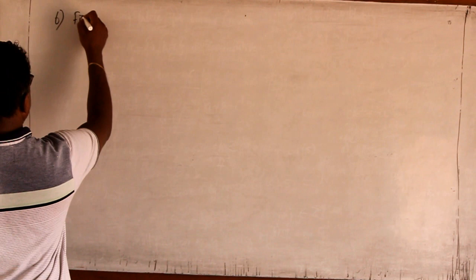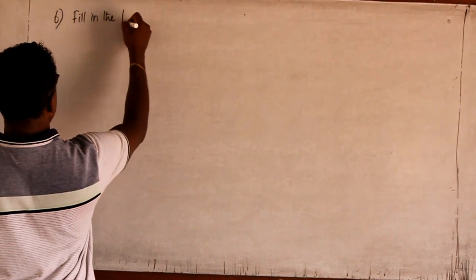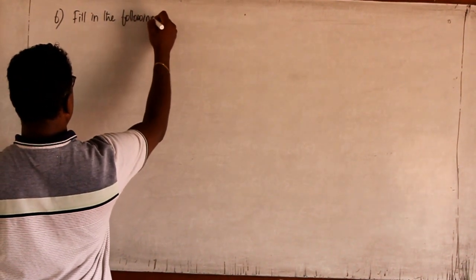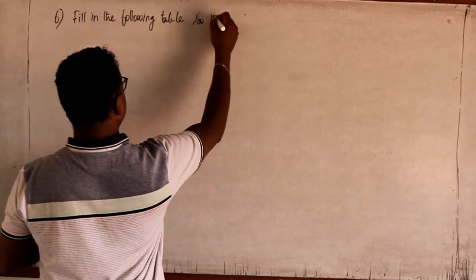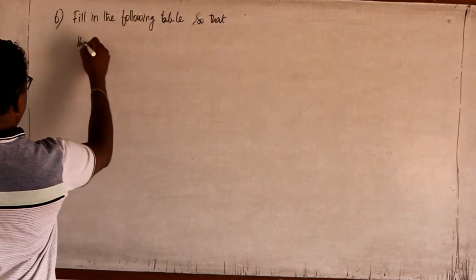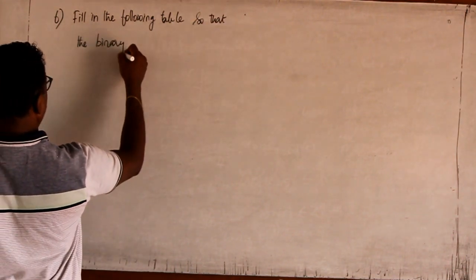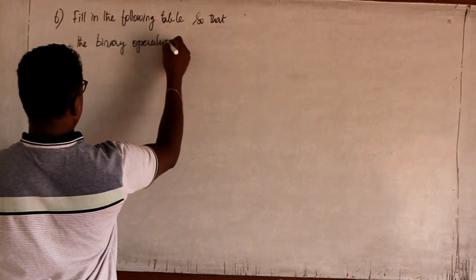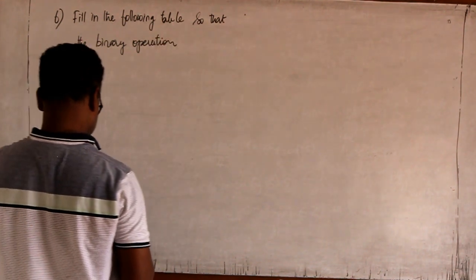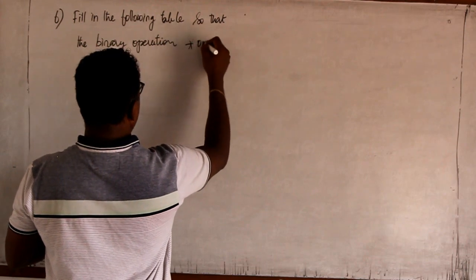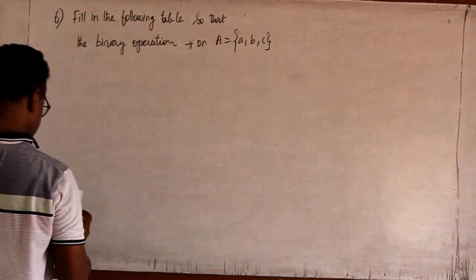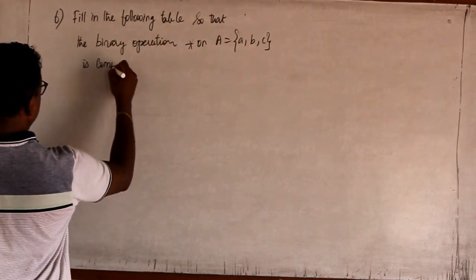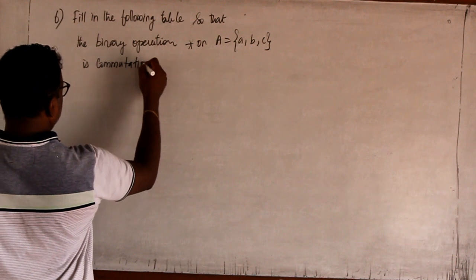Now, sixth problem. Fill in the following table so that the binary operation star on A equal to {A, B, C} is commutative.